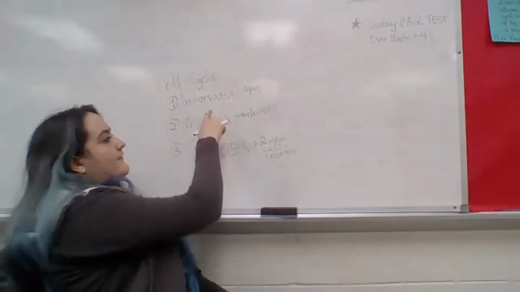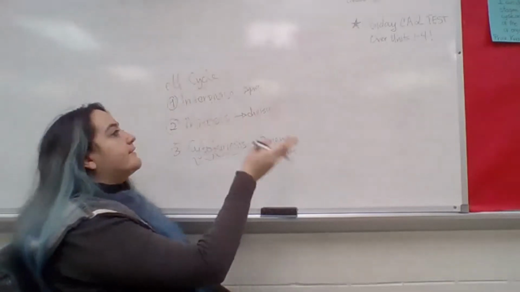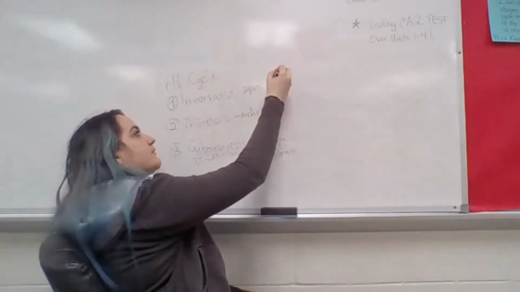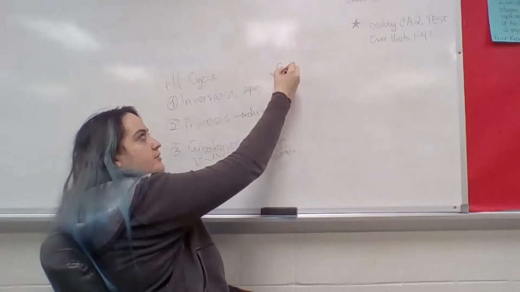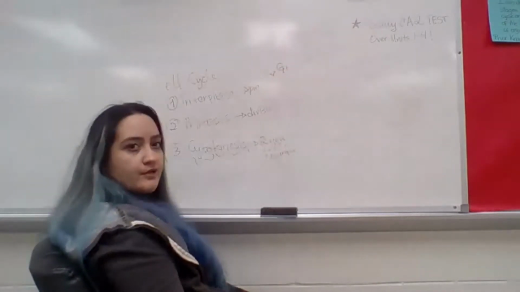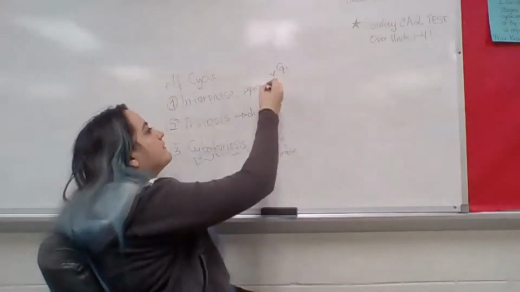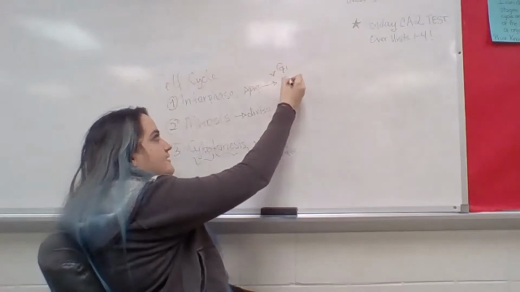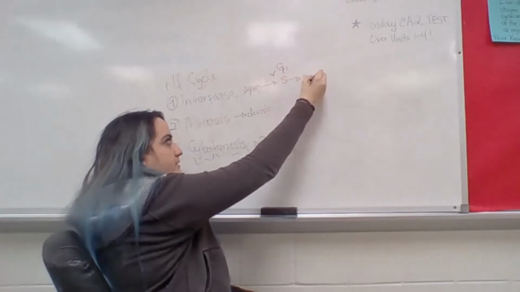Now, interphase and mitosis are both made up of steps. So in the interphase, we have 3 steps. We have the G1 phase, which is the first growth phase. Then we have synthesis, which is when we do the DNA replication.